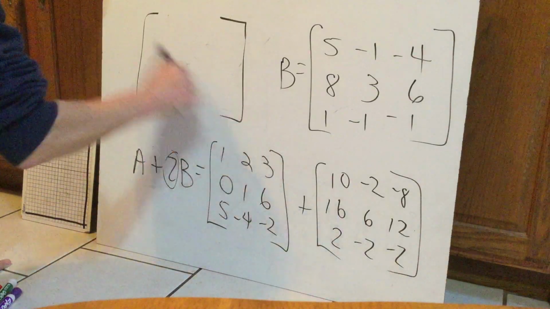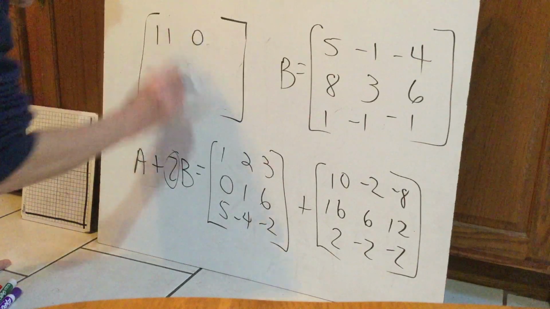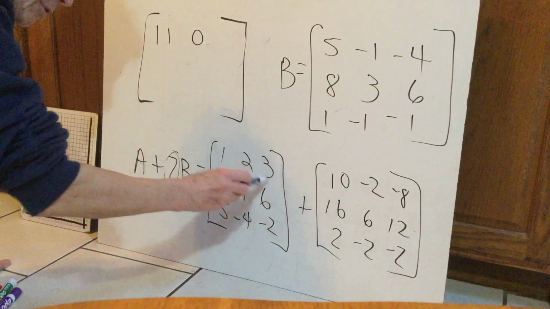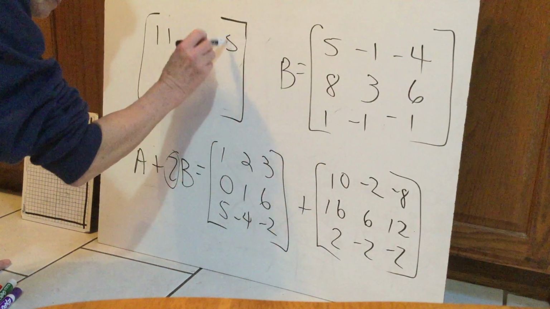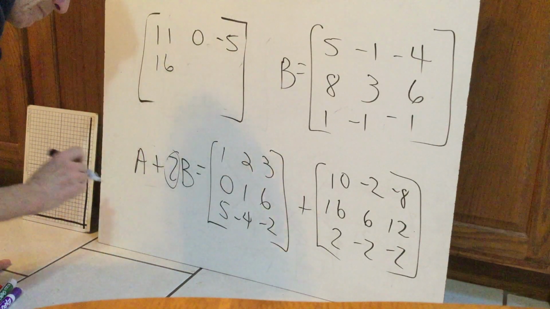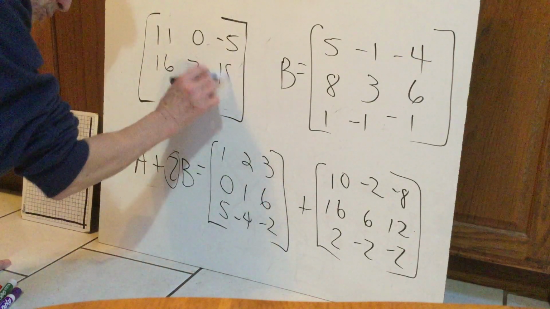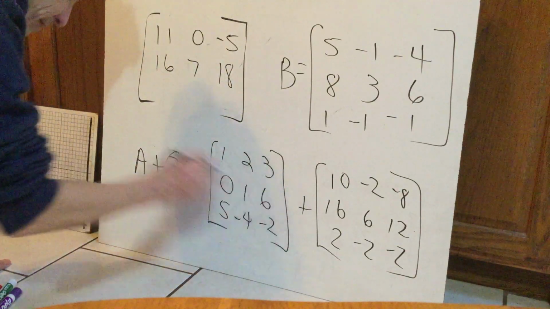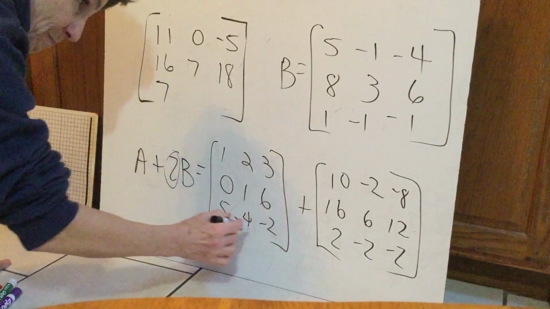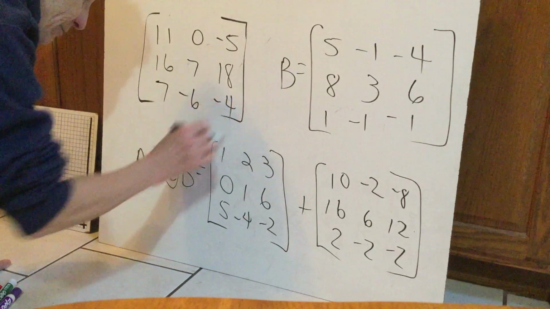So 1 plus 10, 2 plus -2, 3 plus -8, 0 plus 16, 1 plus 6, 6 plus 12, 5 and 2, -4 and -2, and -2 and -2.